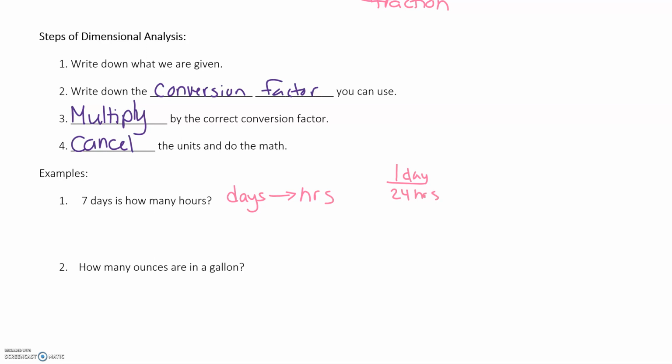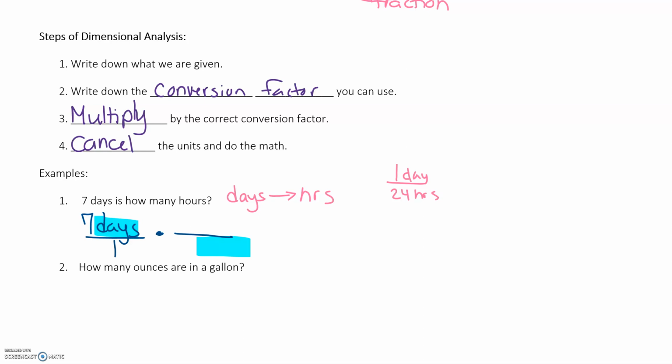So this is a conversion factor, okay? But we want to start with what we know. So the first thing that we know is we have 7 days. And we need to take this conversion factor and show that we're going to multiply it. Now, the trick here is that if days are in the numerator, because essentially we could write this over 1, then I need to put days in the denominator.